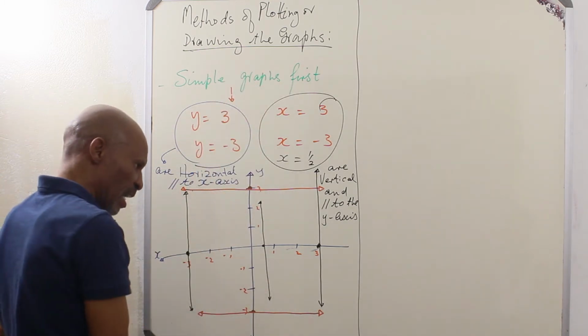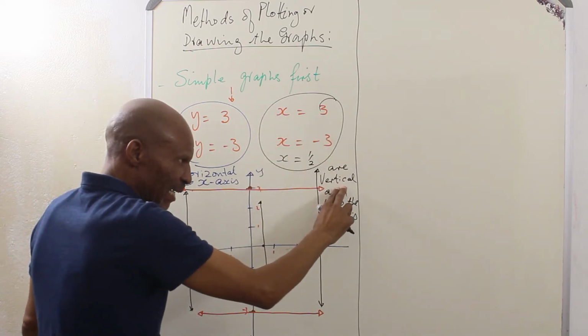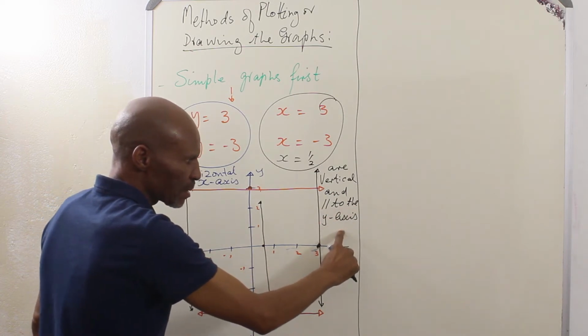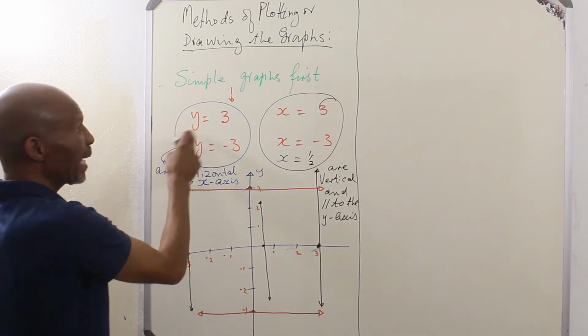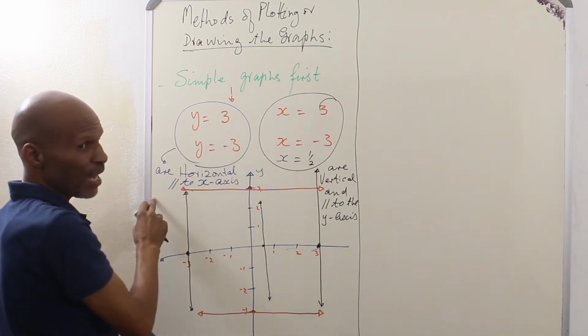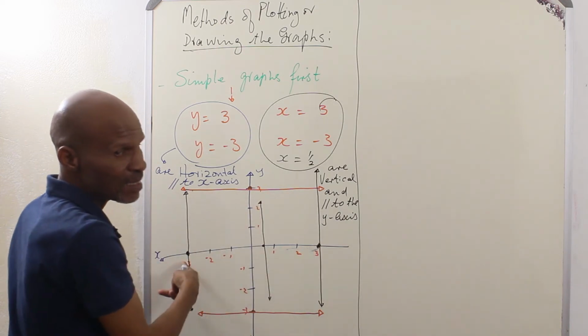So it is vertical. The x equal to graphs are vertical graphs and are parallel to the y-axis. The y equals to graphs are horizontal graphs and they are parallel to the x-axis.